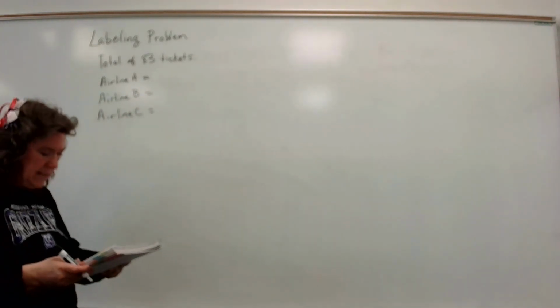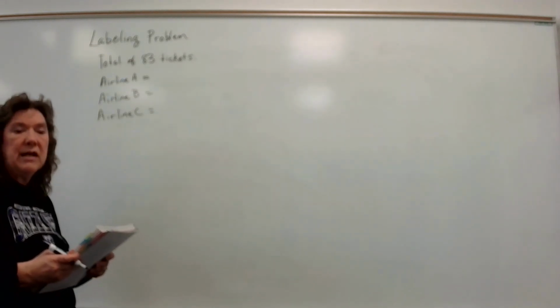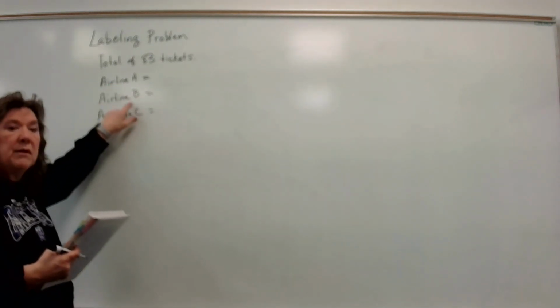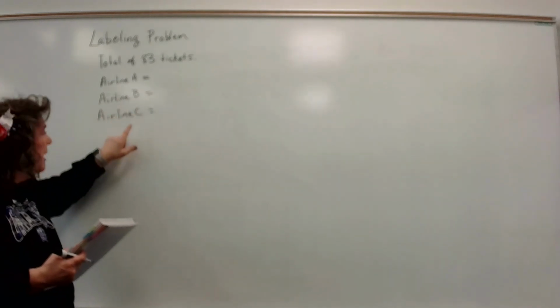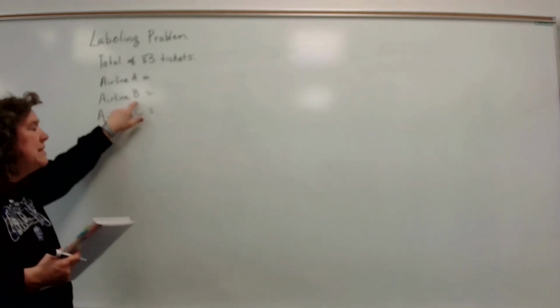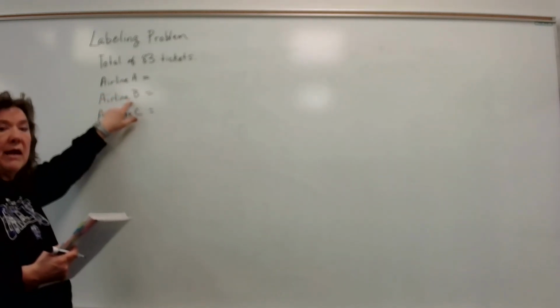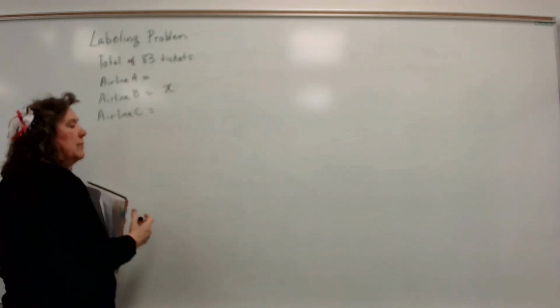It says that airline A booked 6 more tickets than airline B. That means airline A depends upon the number for airline B. And then it says for airline C, he booked 5 more than twice as many as airline B. So both A and C rely on B. Therefore, B is going to be your variable.